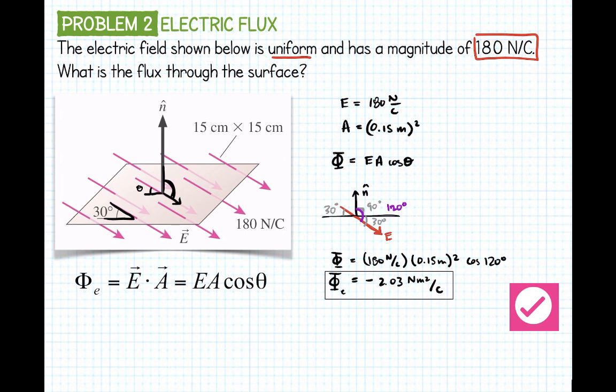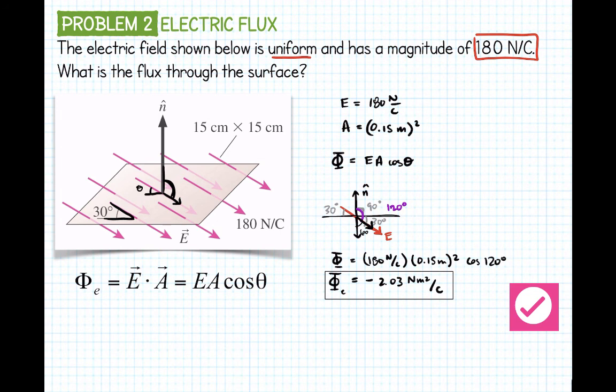The other way to do this is you could write this as the cosine of 60. You could use this angle, 60, and get cosine of 60, which would give you positive 2.03, because that's still the angle between a normal vector and the electric field. 30 is not the angle between any kind of normal vector and the electric field.